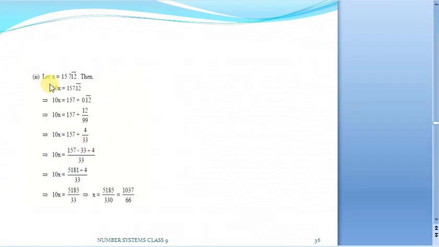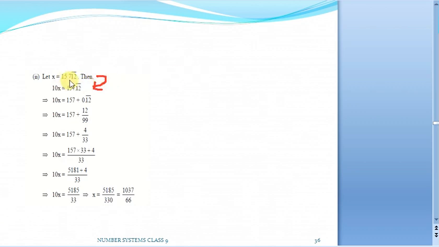In the second example, we have to convert 15.712 bar, where the bar is there for only 1 and 2. Let us assume the number to be x, so x is equal to 15.712 bar. As I have told you, try to convert the given thing into pure recurring form. This is a mixed recurring form, because this 7 is not repeating, only the block of 1, 2 repeats: 1, 2, 1, 2, 1, 2 like that.